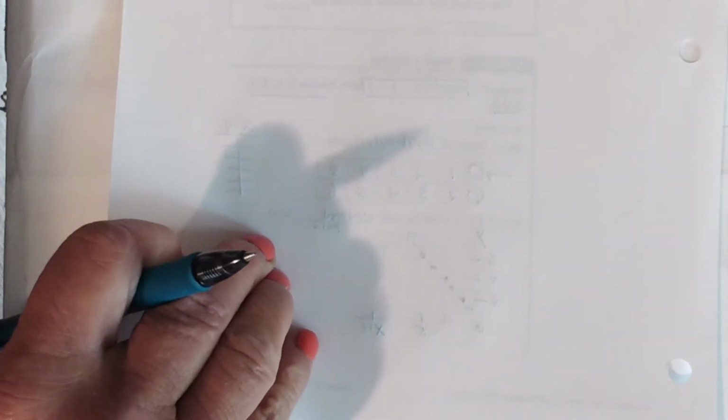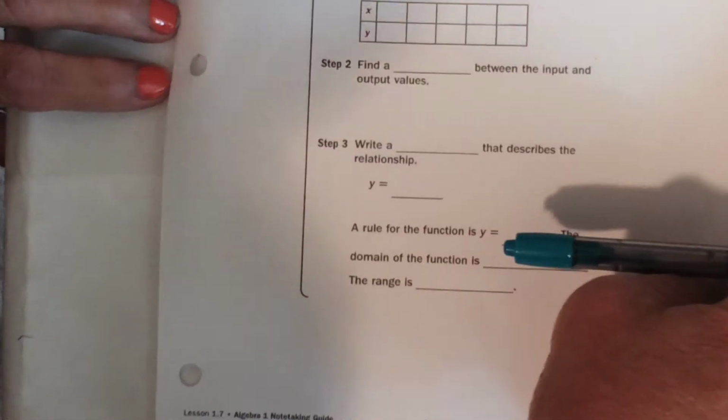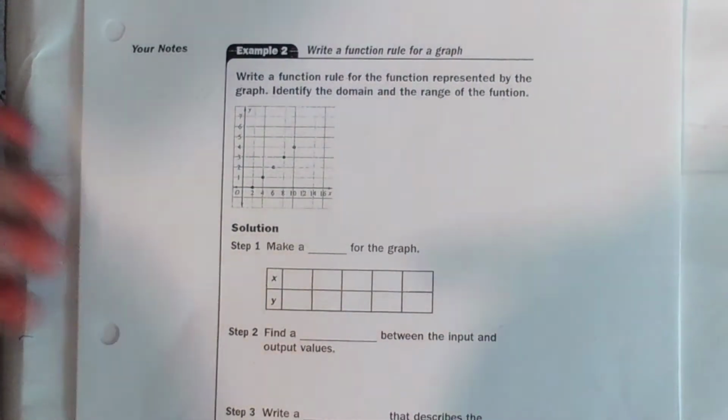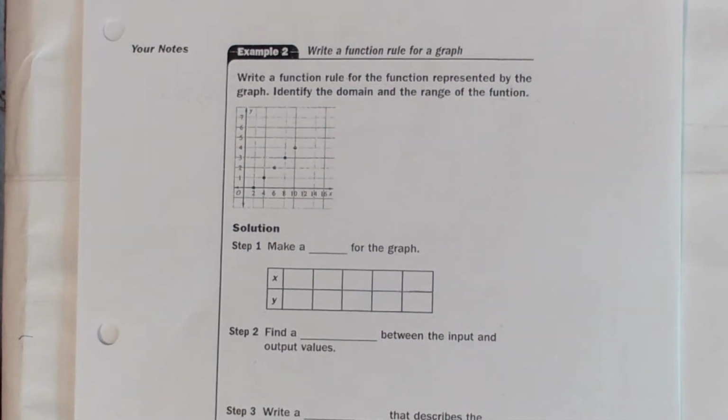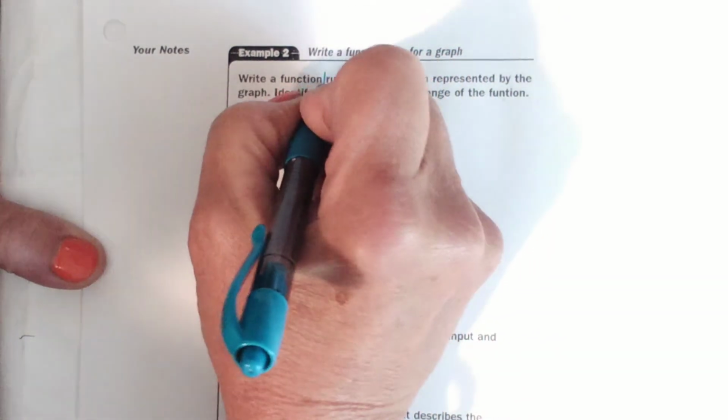So now we're going to go to the next page. Example number 2. And for example number 2, we're going to learn how to write rules. Okay, we want to write a rule.